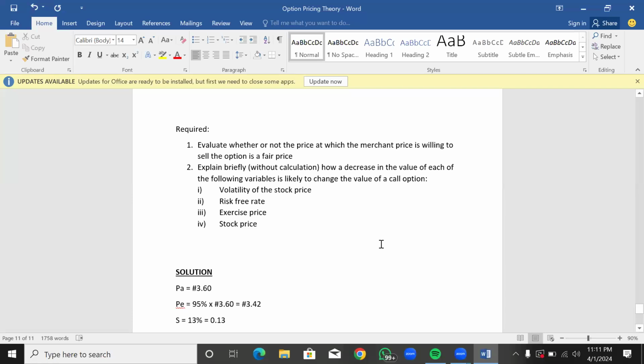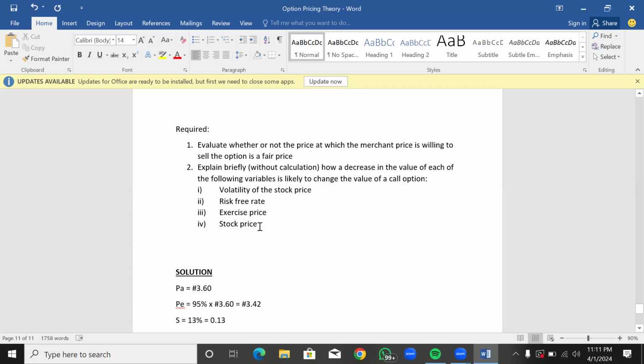Since it's to sell, it's a put option. Someone said call is to sell and put is to buy. Who told you that?